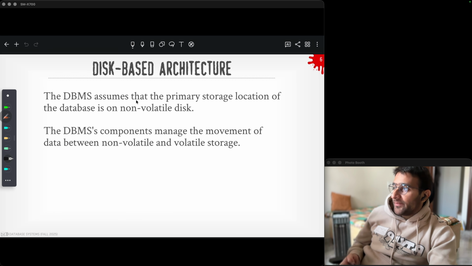So what we are discussing here are the basic building blocks of a disk-based database system. There are different types of database systems.